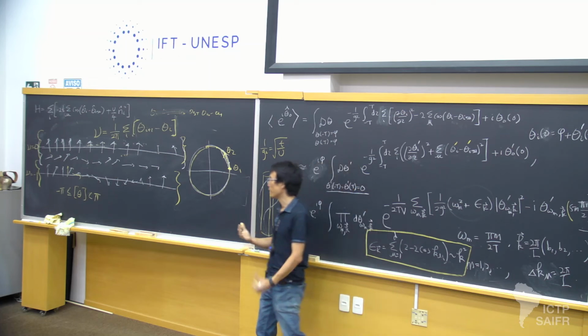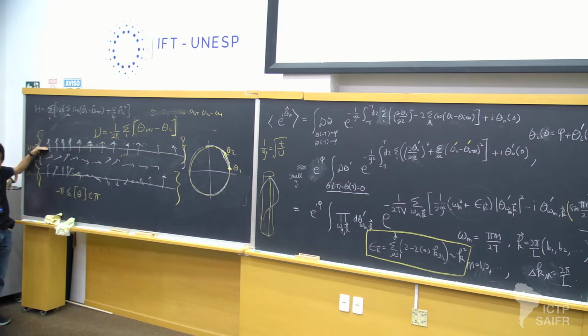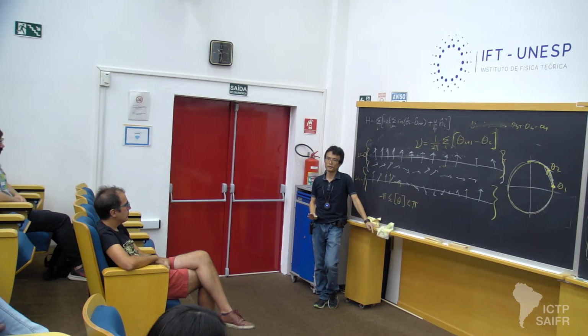In other words, when G is small, if you start from this seed state, the quantum fluctuation fails to tunnel the state from here to another sector. Okay? When it happens, we say there is a topological order.